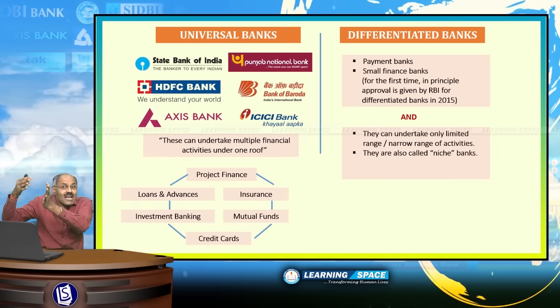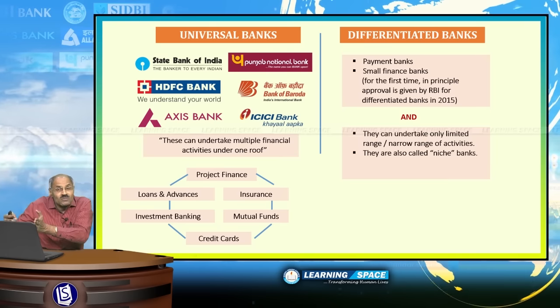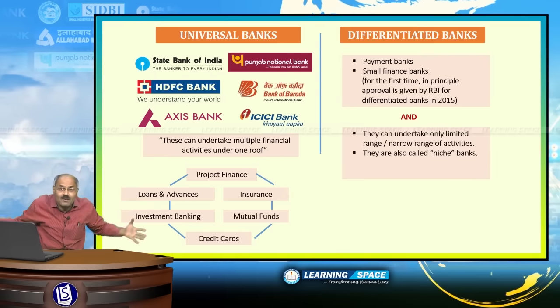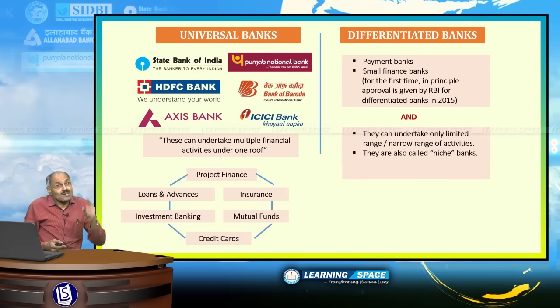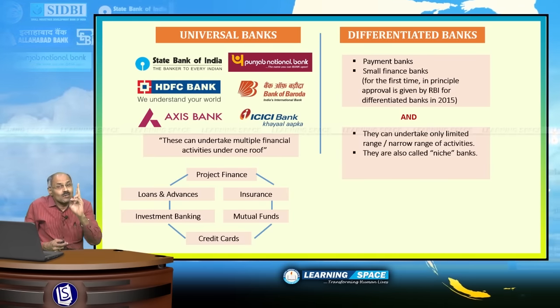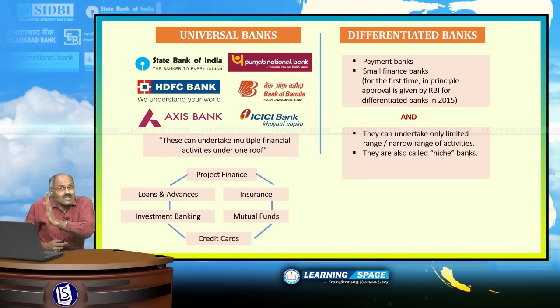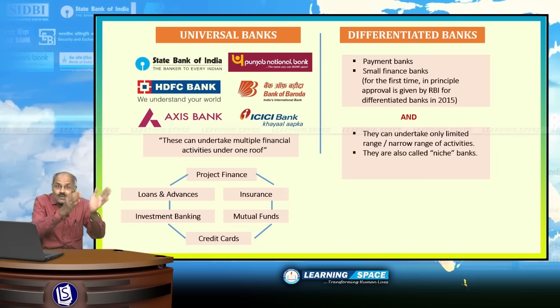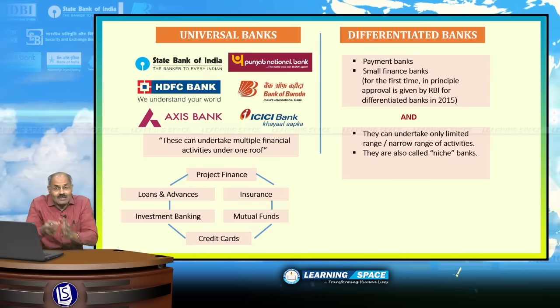They will be specialized in their narrow sphere and cannot undertake all types of banking operations. Reserve Bank for the first time gave licenses for two types of differentiated banks recently. Are you clear about universal bank and differentiated bank?